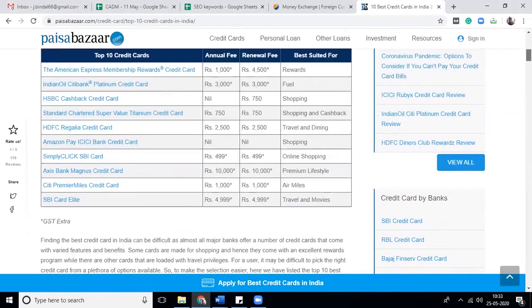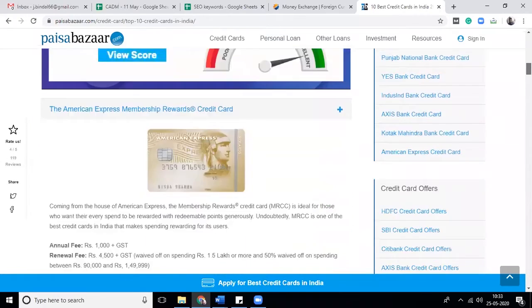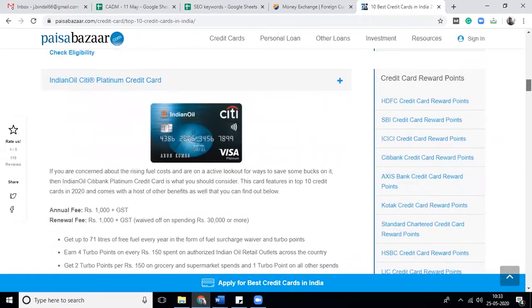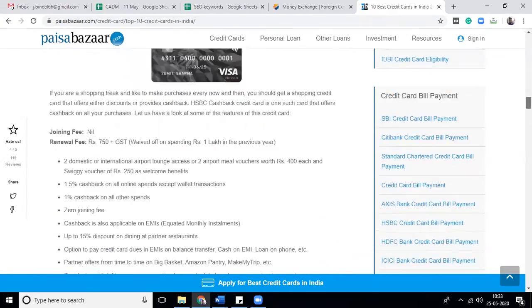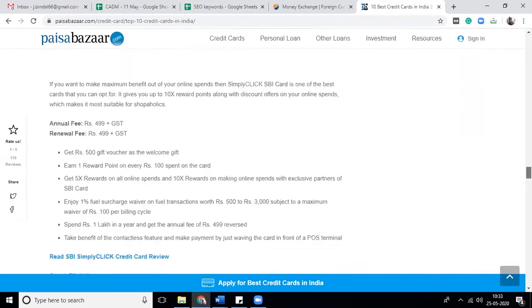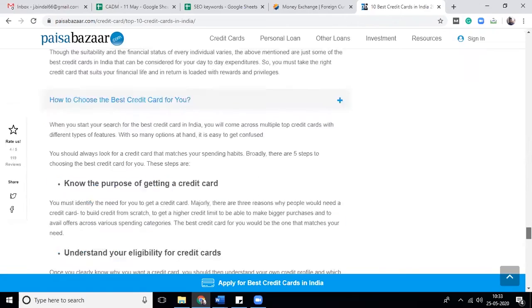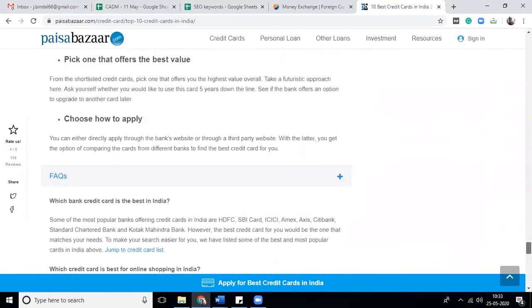Then they explain the different banks, their annual fees, best suited for whom. And then they write about the Amex card, the Indian Oil card, every single card in detail. In this, what is the title and what is the heading?